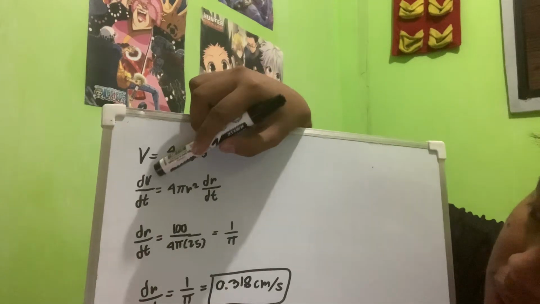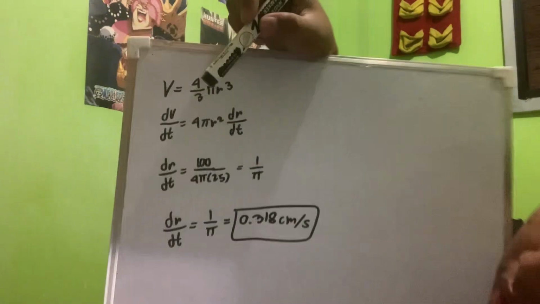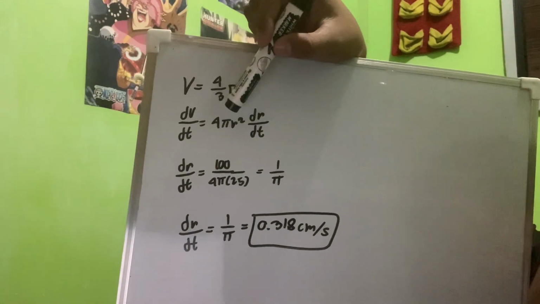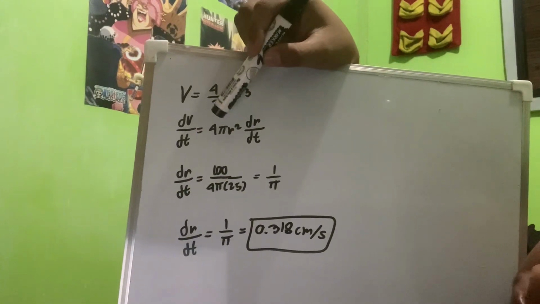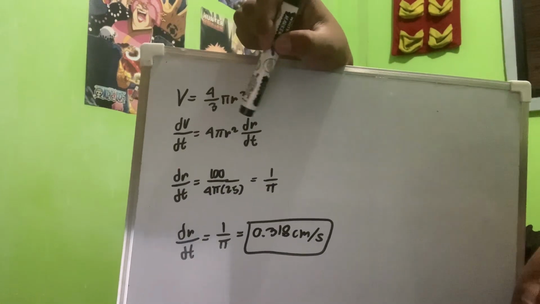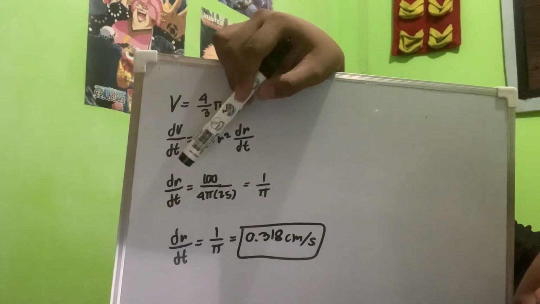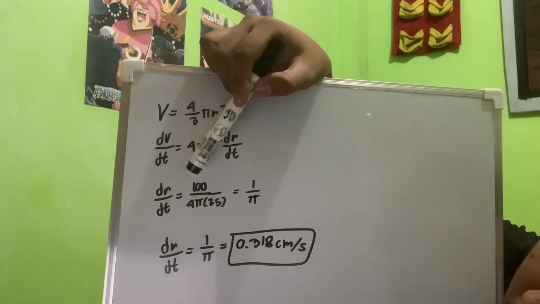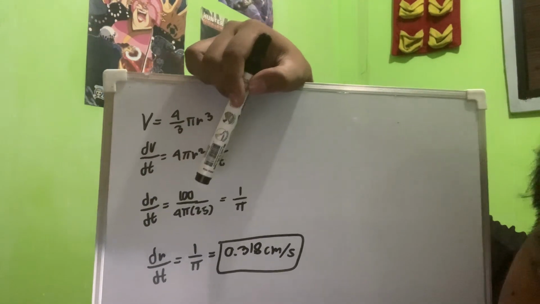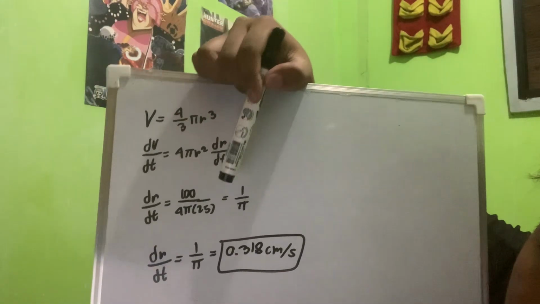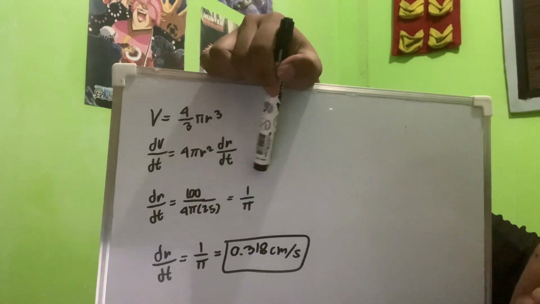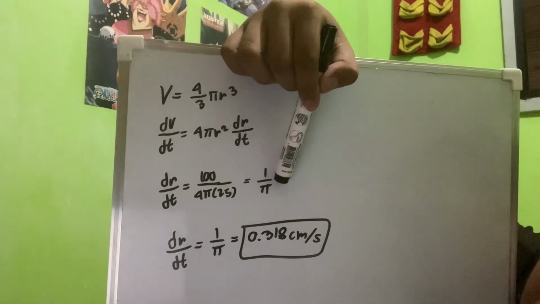So dV over dt equals 4 pi r squared times dr over dt. So dr over dt equals 100 over 4 pi times 25. And the answer is 1 over pi.